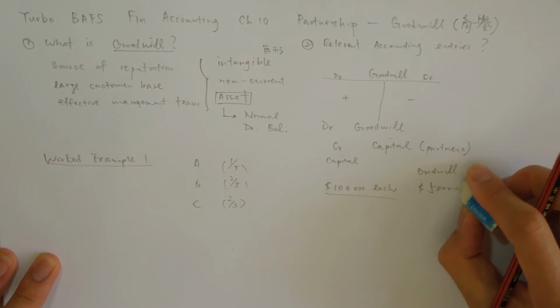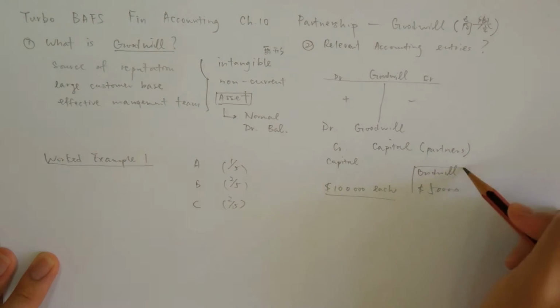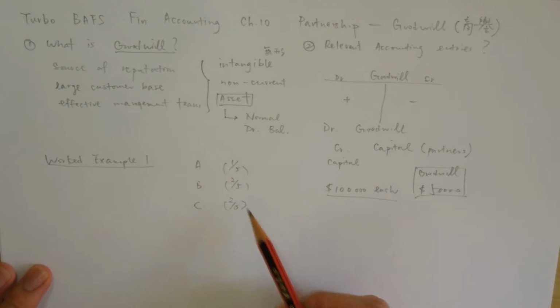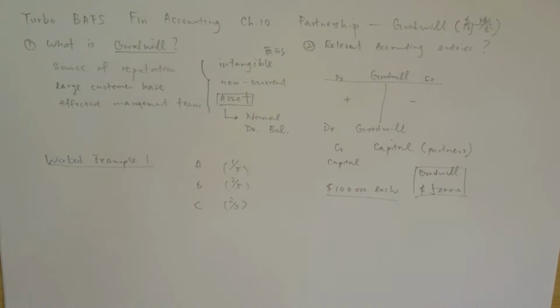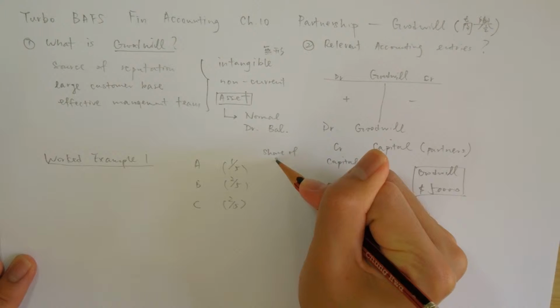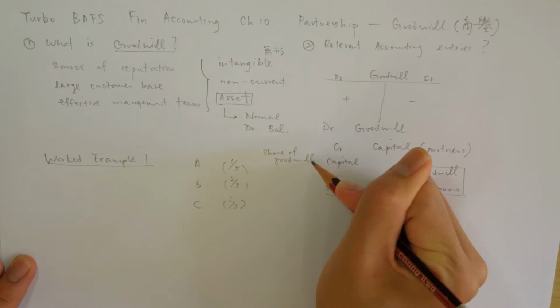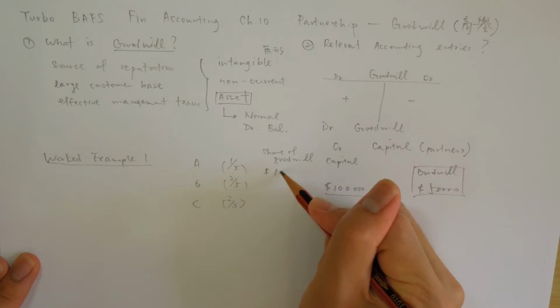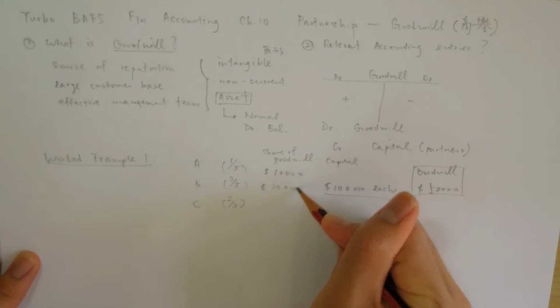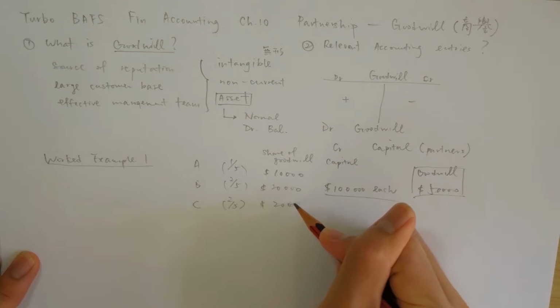So how do we share among these 3 partners? Okay, very easy, because it's divided by 5. 50,000 divided by 5 will be 10,000, so A will be 10,000, B 20,000, and C also 20,000.